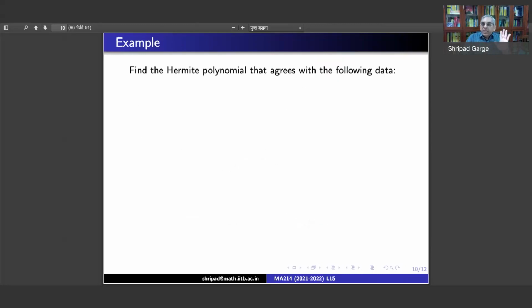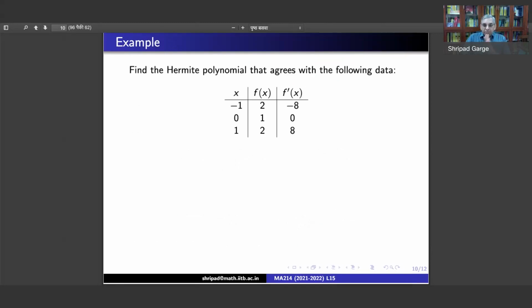So we start with a very simple data. We have 3 points, 3 nodes: -1, 0 and 1. We have a function whose values are 2, 1 and 2 respectively on these 3 nodes. The derivative has values -8, 0 and 8 at these 3 nodes. So let's be careful.